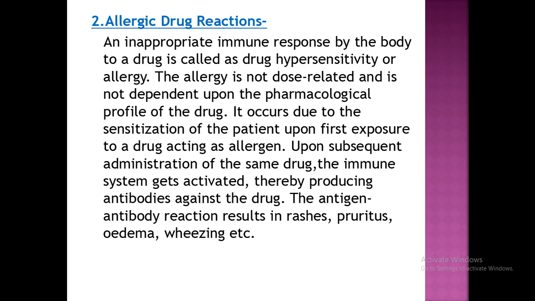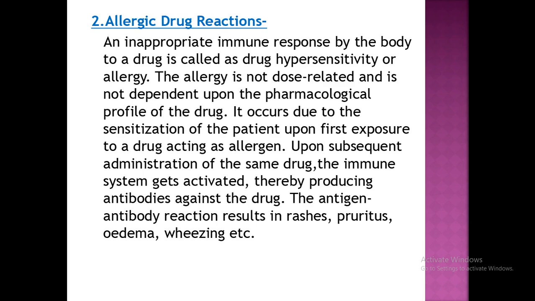So this is why these reactions are unpredictable, since it is not dose related and also not dependent on the pharmacological profile of the drug. It occurs due to the sensitization of the patient upon first exposure to a drug acting as allergen. So upon first exposure, the drug acts as an allergen.